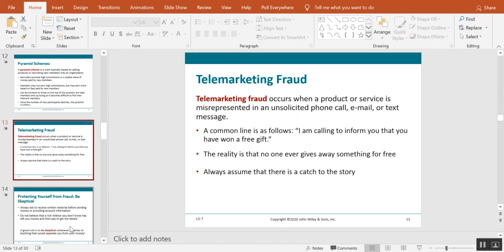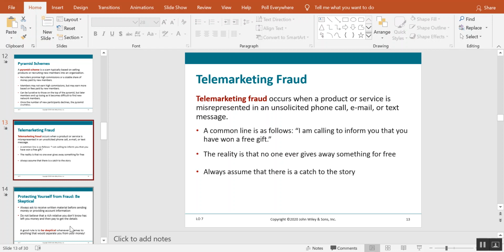Telemarketing fraud occurs when somebody misrepresents themselves on a phone call. They tell you they're somebody or someone else. "I'm calling to inform you you've won a free gift" is a great example. And the reality is, no one ever does that. When I was a teenager, I got one of these calls.